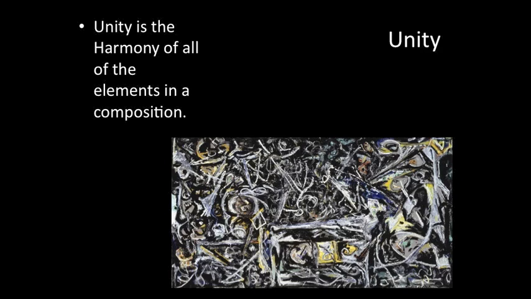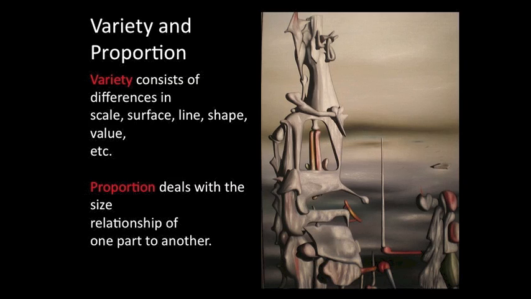The next principle of design is unity. Unity is the harmony of all of the elements in a composition. This one gets a little bit trickier to do. So what I've done is I've sort of broken it up into 2 smaller subcategories. The subcategories of unity are variety, which consists of differences in scale, surface, line, shape, value, and proportion.